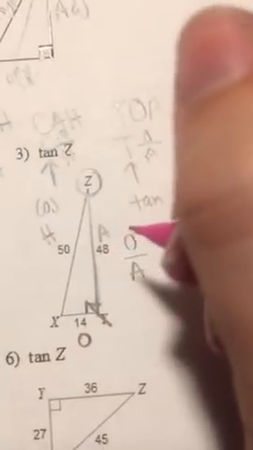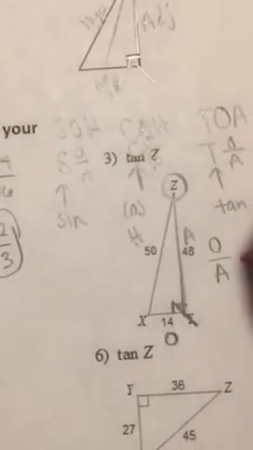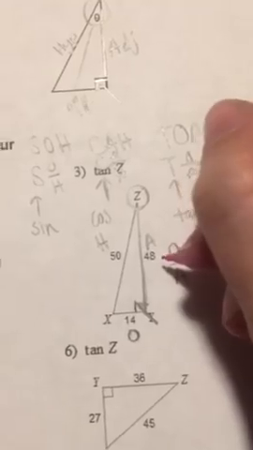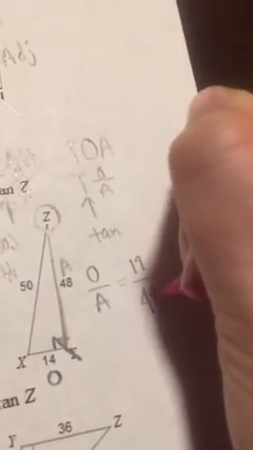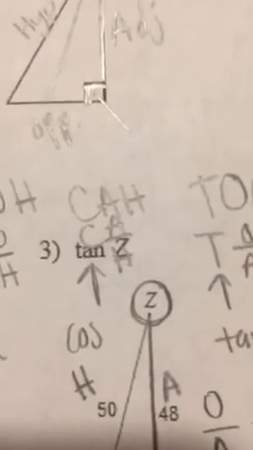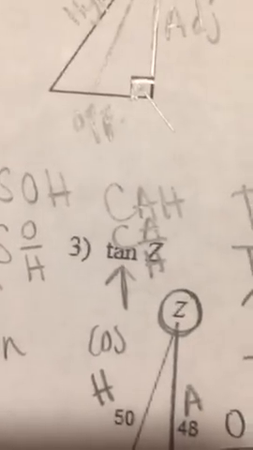So I plug in O, 14, over A, which is 48. And reduce it. And we can't reduce anymore.